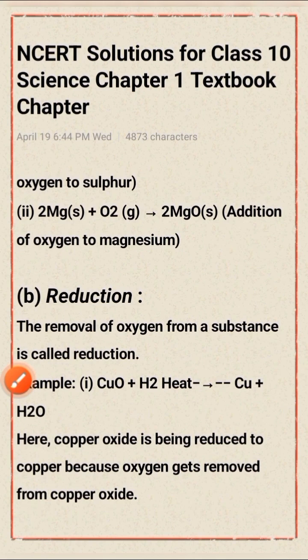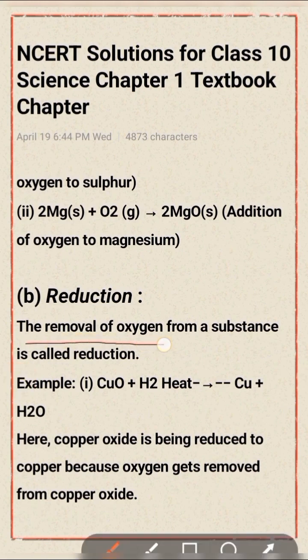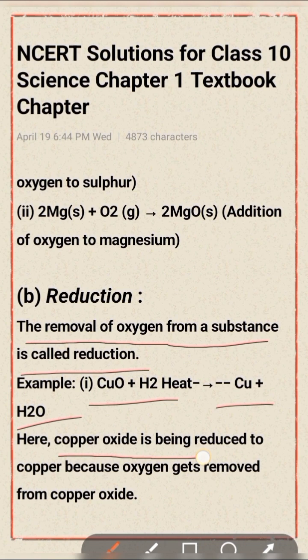Next part, reduction. The removal of oxygen from a substance is called reduction. For example, copper oxide reacts with hydrogen in the presence of heat to form copper and water. Here, copper oxide is being reduced to copper because oxygen gets removed from copper oxide.